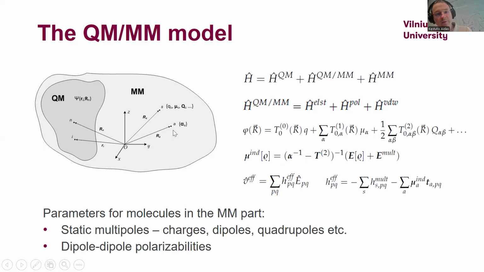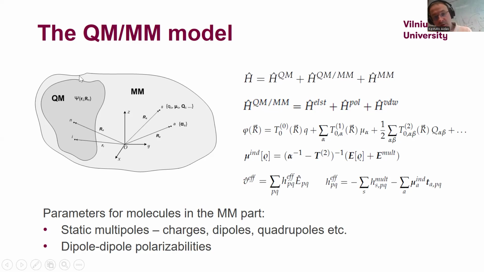So now that you have these dipole polarizabilities, they give rise to induced dipole moments in the classical system. And now new physics comes about, because the values of these induced dipole moments will also depend on the electronic density of the quantum mechanical system.